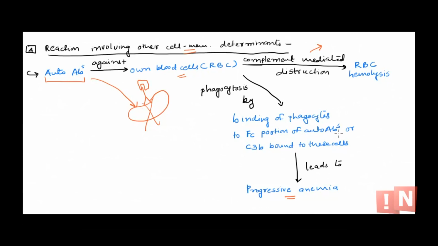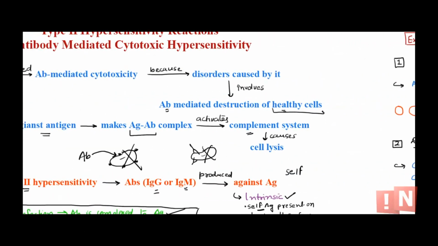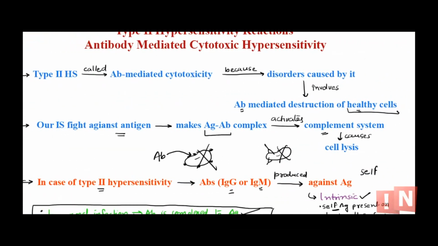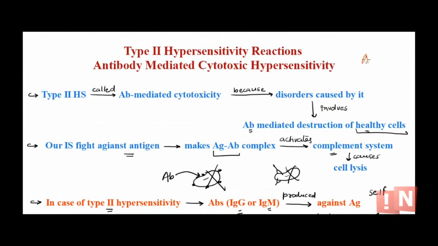These are some of the examples of type 2 hypersensitivity. Type 2 hypersensitivity becomes a problem because the antibodies produced are against our own cells, and the antibody here, as I said, is IgG mediated. That's why Rh incompatibility also falls under this category. Because autoantibodies are against your own cell, type 2 is a problem.